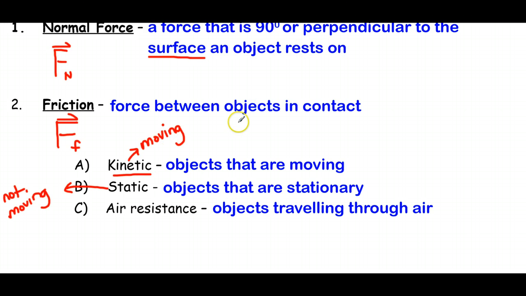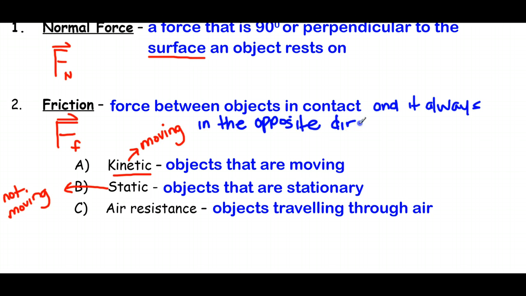It always acts in the opposite direction of motion.